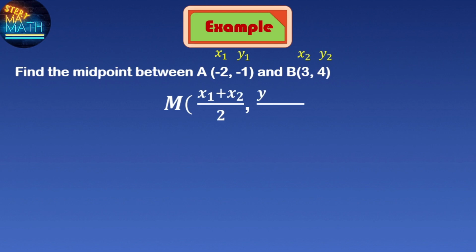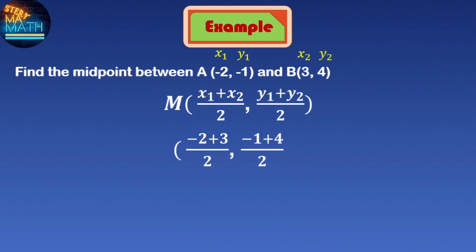This is the first coordinate, which is the x-coordinate, and the y-coordinate is (y1 plus y2) divided by 2. Now x1 is -2 and x2 is 3, so it will be -2 plus 3 divided by 2. y1 is -1, y2 is 4, so it will be -1 plus 4 divided by 2.